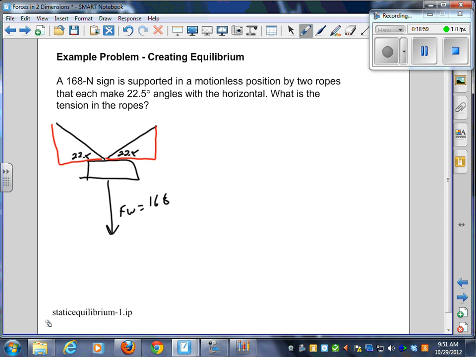That one over here should be straight up and down. I'm going to call these T1 and T2.